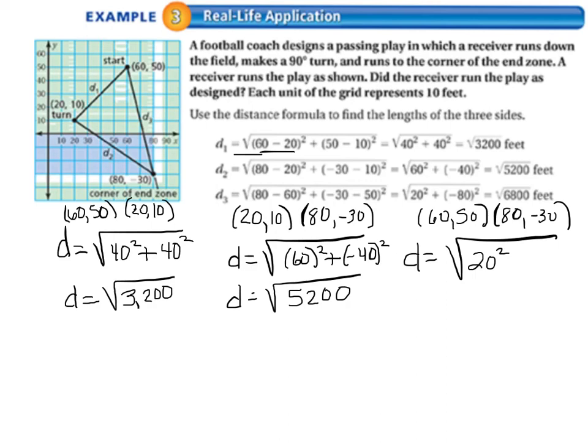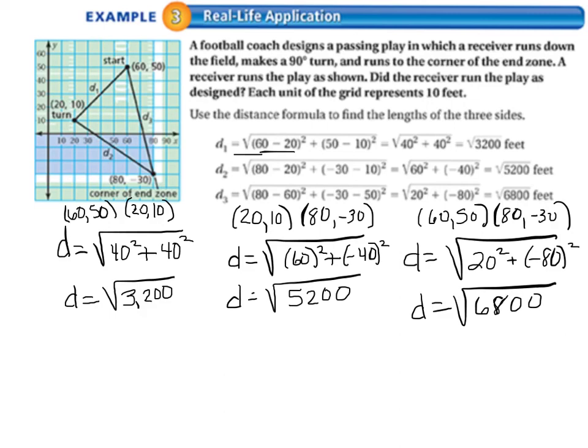Negative 30 minus 50 gives you negative 80 squared. And that would give you d equals 20 times 20, plus 80 times 80. 20 times 20 is 400. 80 times 80 is 6,400. You add those together, that gives you 6,800.